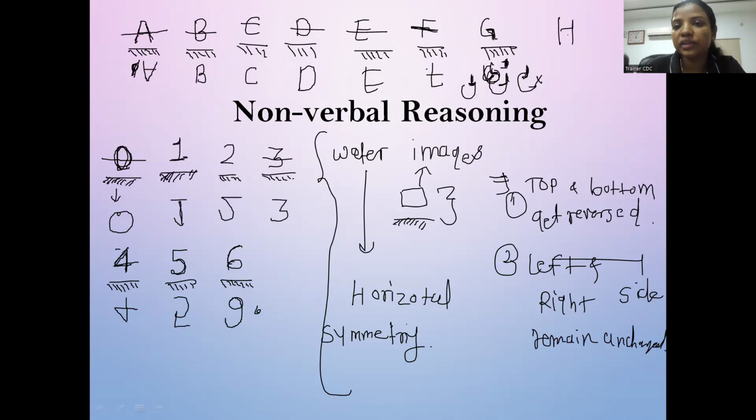Now H, how will H look in the water image? Again, draw one symmetrical line. So H is looking the same, right? Yeah, H will look as it is in the water image. I. I will again look as it is in the water image. What about J? See what part of J is near to the water? Yeah, this part of J is near to the water.